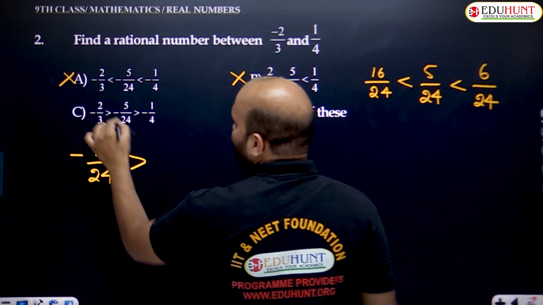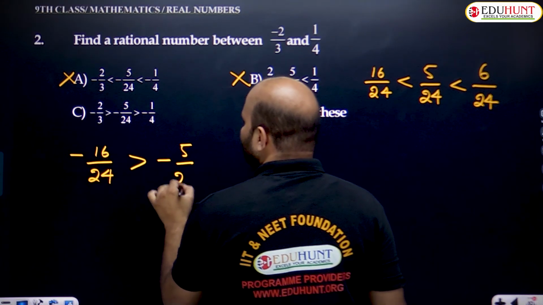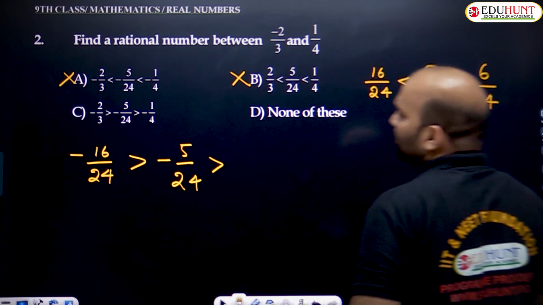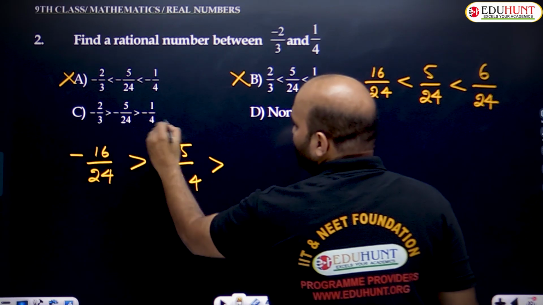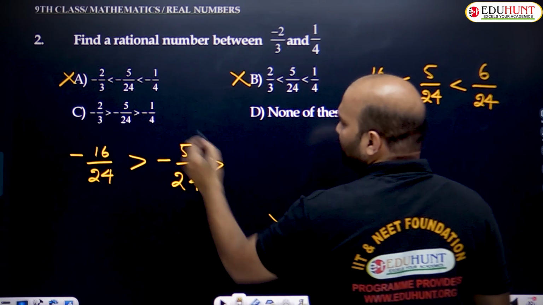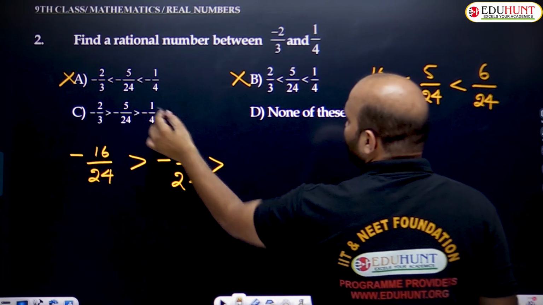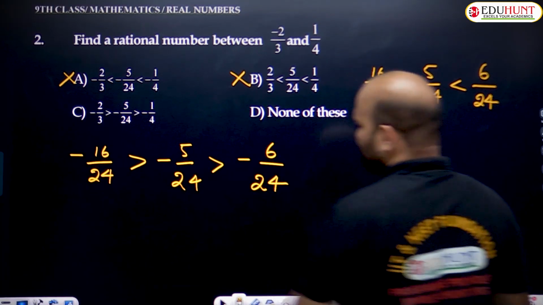So it is the greater than condition given. Again you can write directly the middle number 5 by 24. Again greater than, minus 1 by 4 can be written with denominator 4 given. 4 how many is 24? Each denominator can be written as 24, nothing but both sides multiplied by 6 because 4 6s are 24. So 1 6 is 6, minus value given, 6 by 24, both sides multiplied by 6.